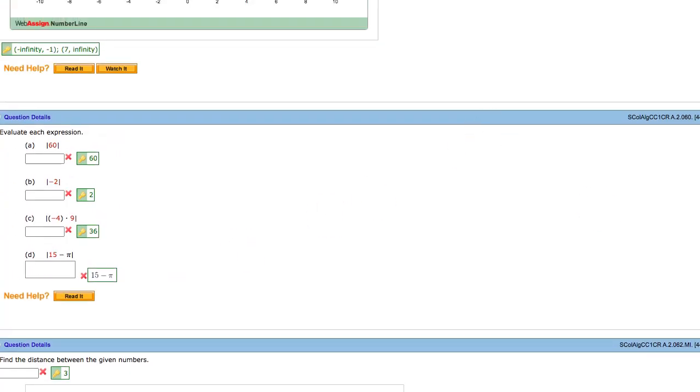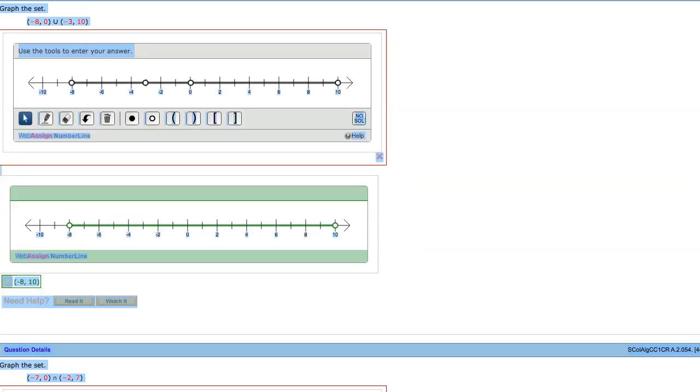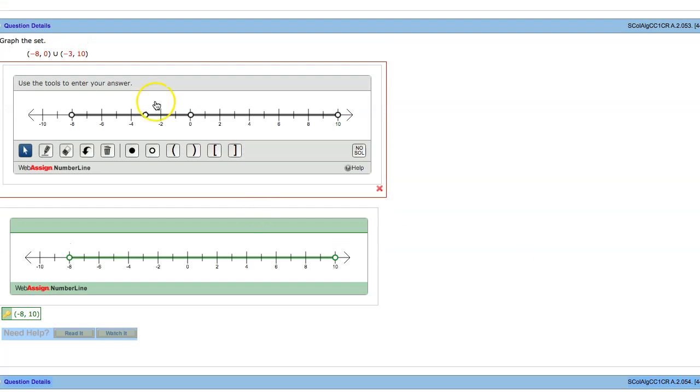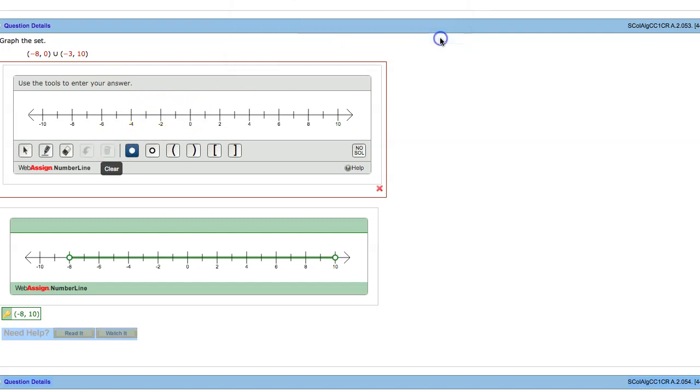So there's that. And just to recap on those really tough ones, the litmus paper ones, you make sure neg 3 is in neg 8 comma 0. It is, so you can proceed without having the brokenness. And you're not going to keep these white dots here, guys. Don't keep them. Then for the union, you keep what's more generous.